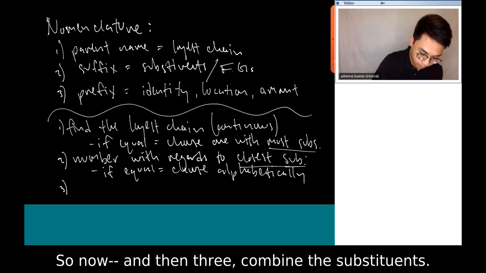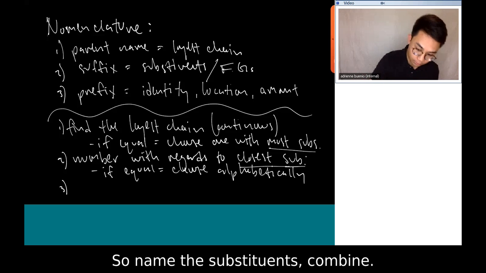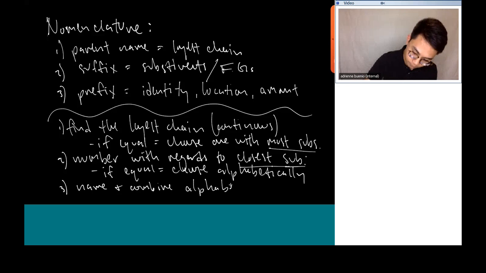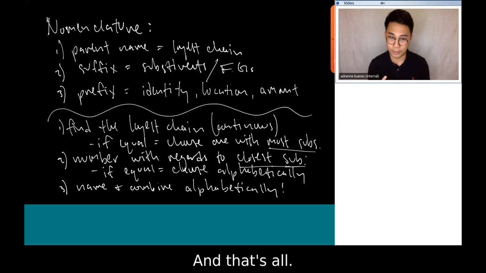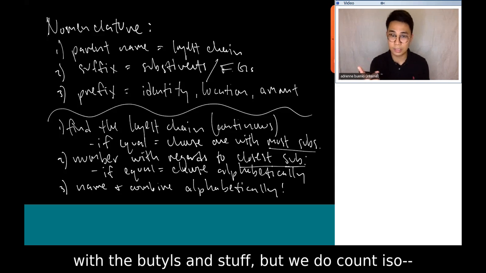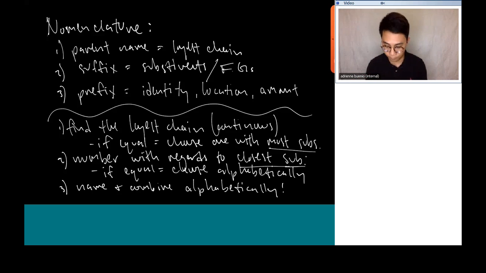So now, and then three, combine the substituents, right? So name the substituents, combine, name, and combine alphabetically. Alphabetically, right? And that's all, right? And alphabetically, we don't count sec or tert like with the butyls and stuff, but we do count iso.